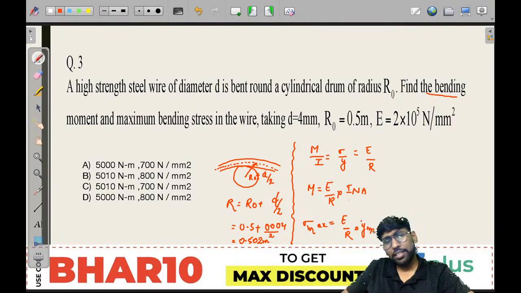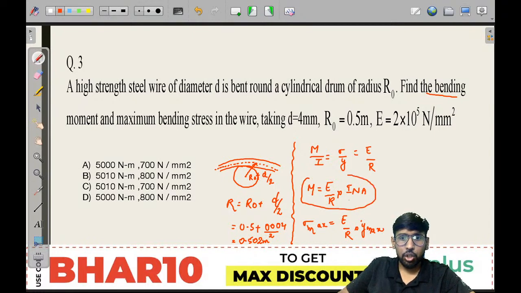Come on, try to get the answer. It is a circular cross section. The diameter of the circular cross section is given to you.